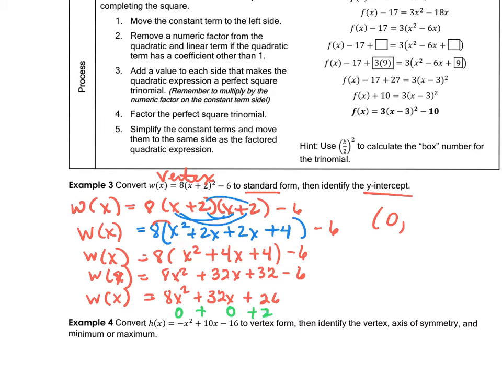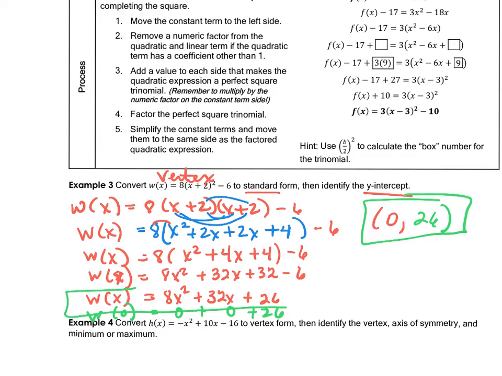I'm just left with the 26. And that's me plugging in 0 into the function. So 26 is the y-intercept. So this is the equation in standard form, and that's the y-intercept.